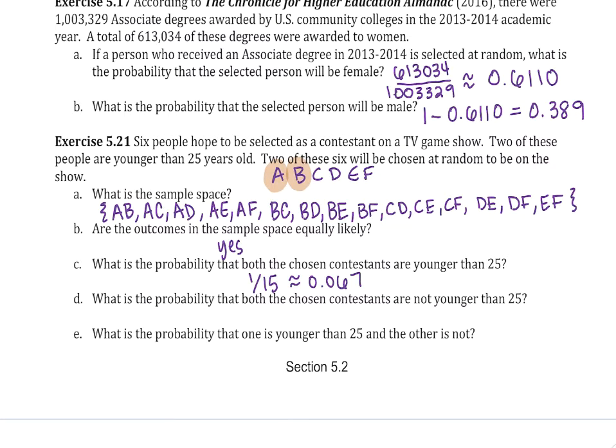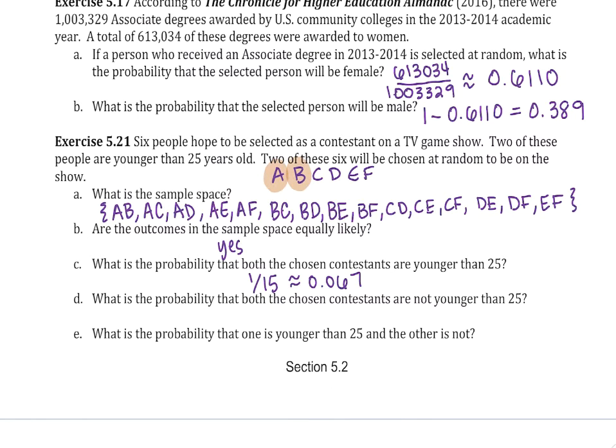And then now for D, what's the probability that both chosen are not younger than 25? Now, a lot of people would think that that's the opposite of C, but that's not actually the case. The opposite of C would be, what's the probability that neither of the contestants are younger than 25? And that's very subtle, because the opposite of both is actually just that either one of them is not.